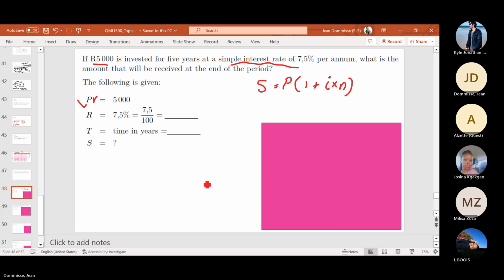So we know what the interest rate is. What is the amount that will be received at the end of a period? And they tell us it's for 5 years, and we need to work out the future value.